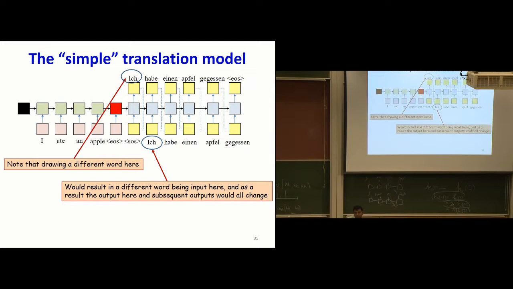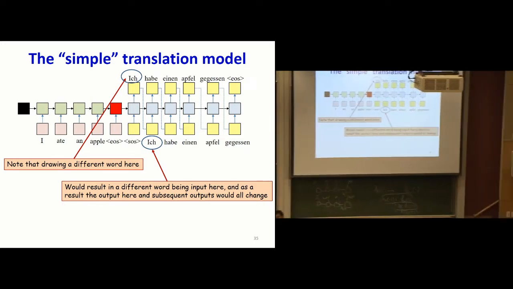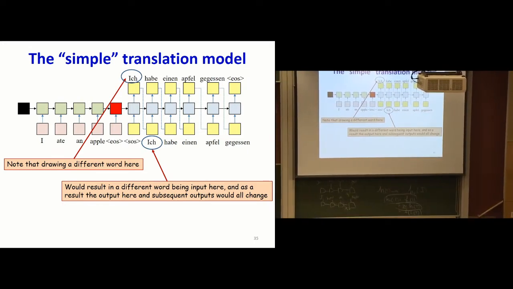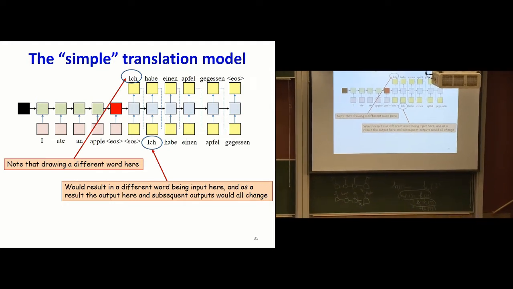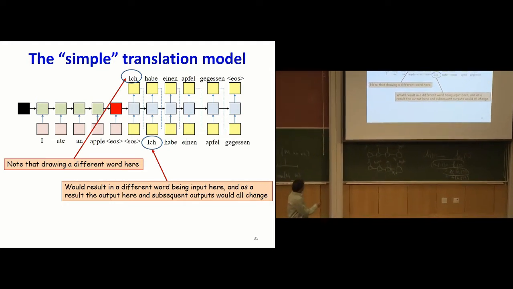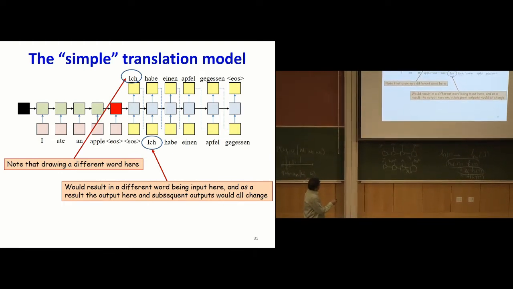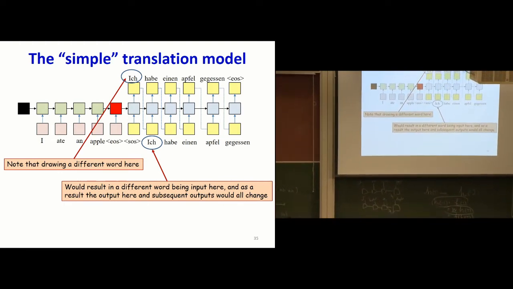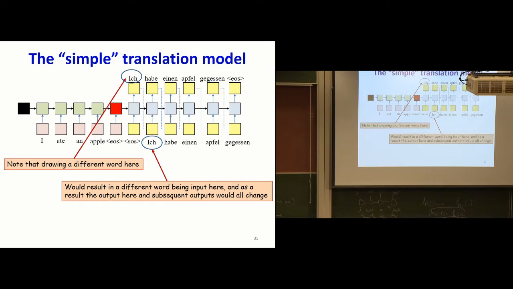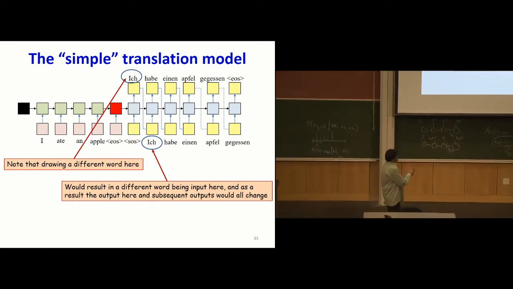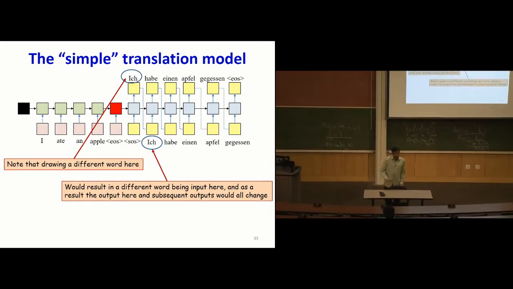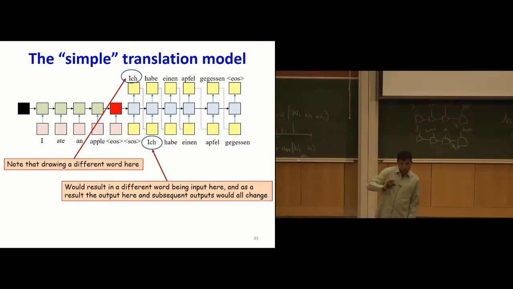Now, if I had drawn a different word, remember what you actually get at the first time is a probability distribution from which you pick a word. So if you chose a different word, a completely different word would now be input to the network over here, which means that the probability distribution at time 2 is going to be different from what it would be if I had chosen "ish." And this means the rest of the production is also going to change.